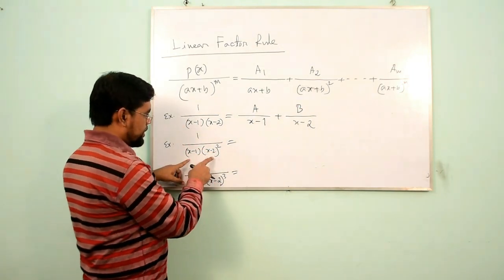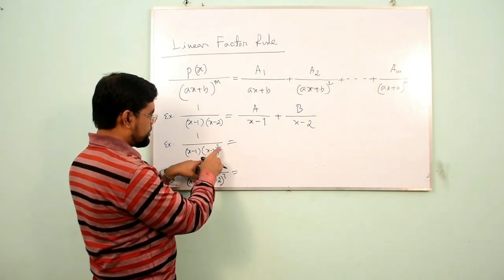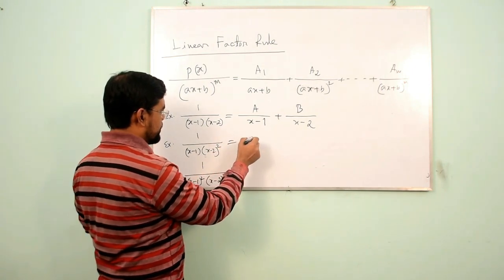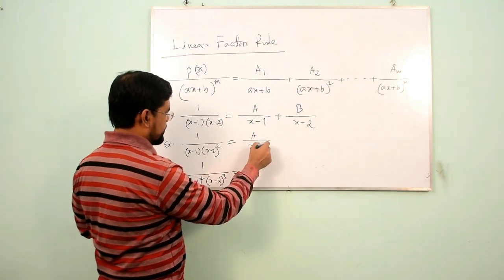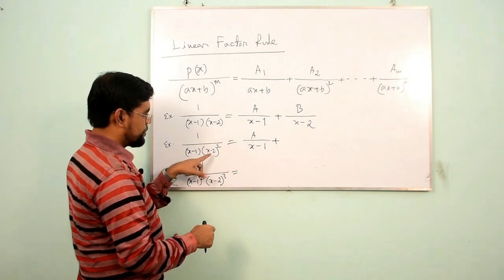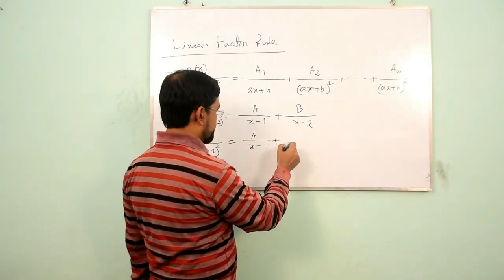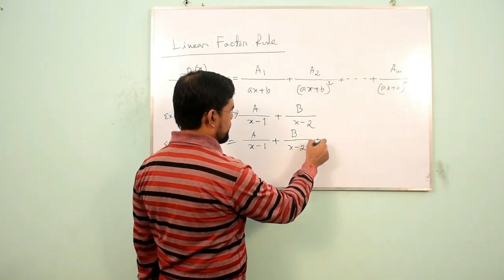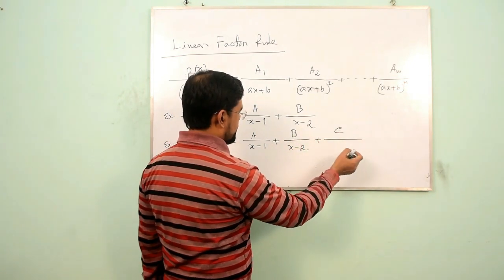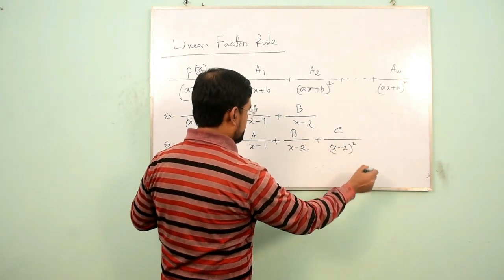Here you have two linear factors, with one raised to the power 2. So the partial fraction decomposition will be a/(x - 1). As for this one, you need two simple fractions like b/(x - 2) + c/(x - 2)².